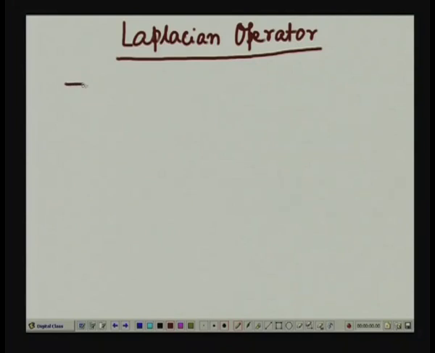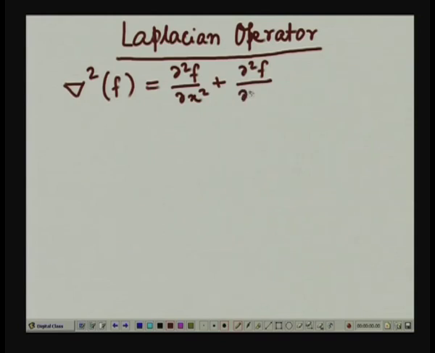As you already know, the Laplacian of the function f is given by del 2f by del x2 plus del 2f by del y2, where del 2f by del x2 is the second derivative along the x direction and del 2f by del y2 is the second derivative in the y direction.